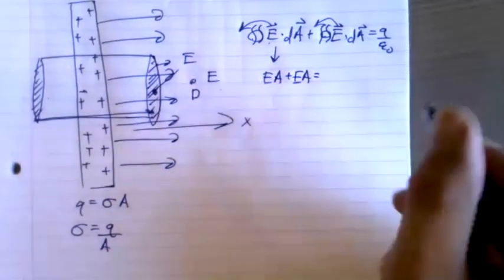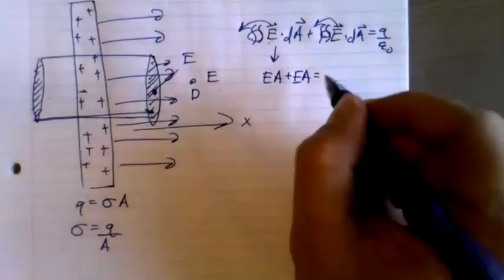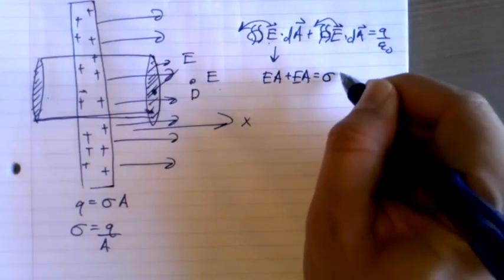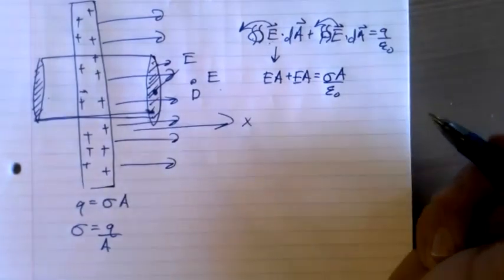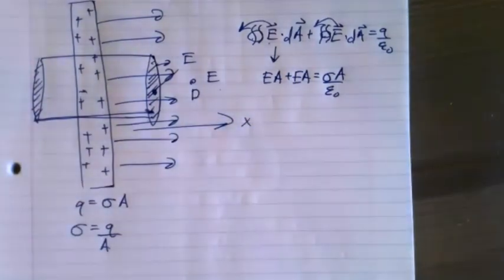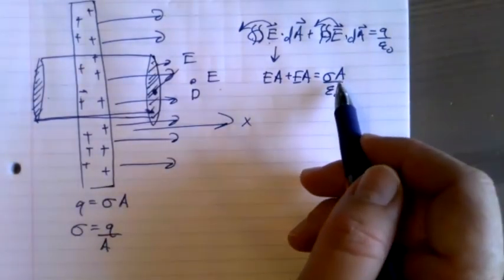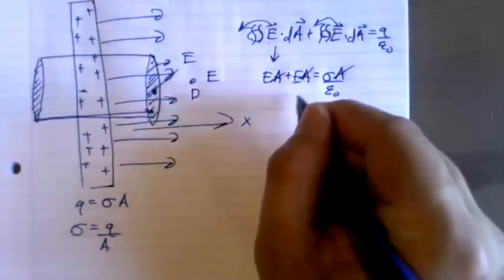And this whole thing will equal, I'm going to substitute in for Q now, my surface charge, sigma, times the area divided by epsilon naught. So over here, these are going to add together. That's going to give me a 2EA, and the areas are all going to cancel. So I'm going to cancel the areas, and I'll get a 2 over here.